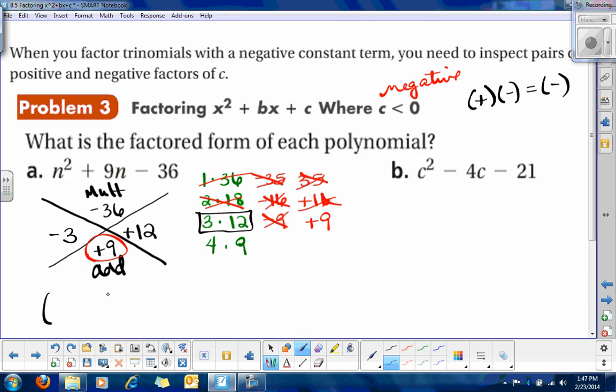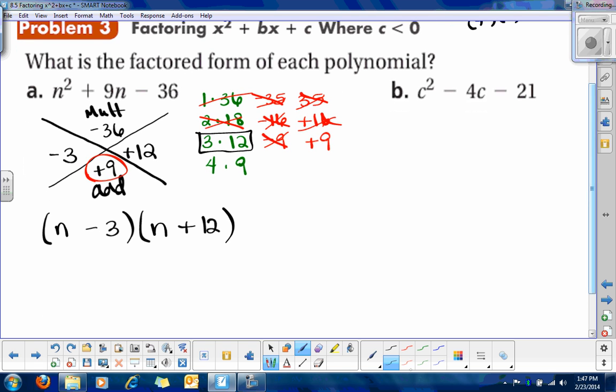So now we can put our trinomial in the form of the product of two binomials. So n squared, n times n, and then we can bring in our binomials. So negative 3 or minus 3 and plus 12. And then again, we can check it.